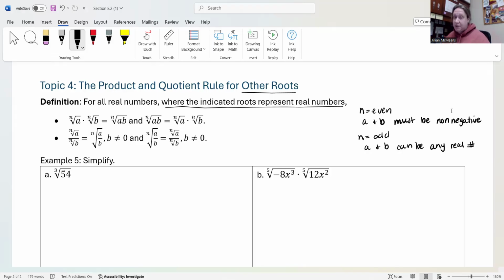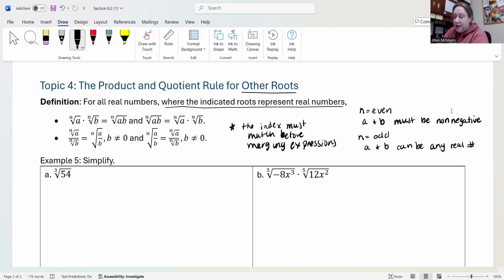Even, everything has to be non-negative. Odd, any real number. The other thing that you really have to be careful with here is the index must match before merging expressions. Hopefully that goes without saying, but you do want to be cautious.